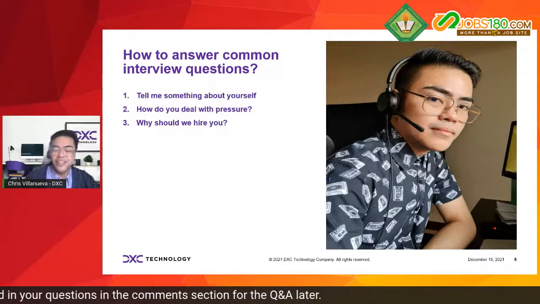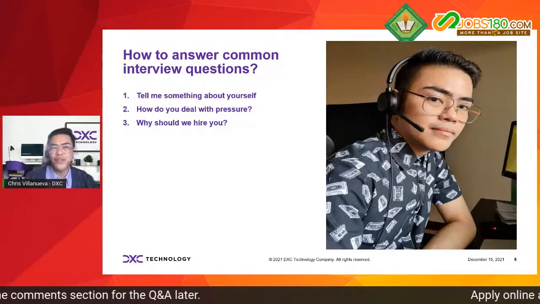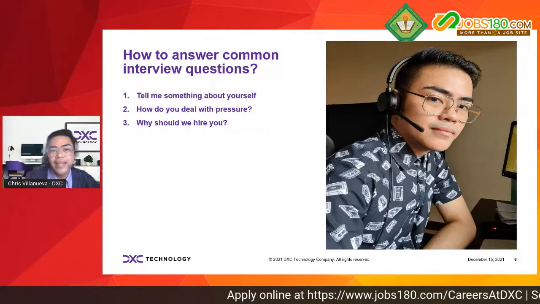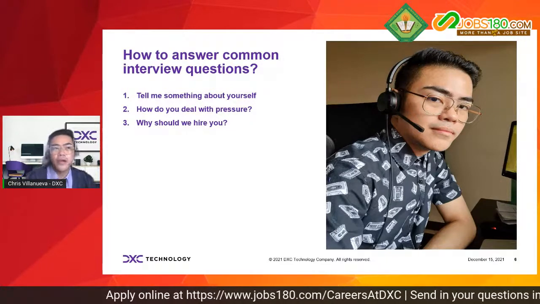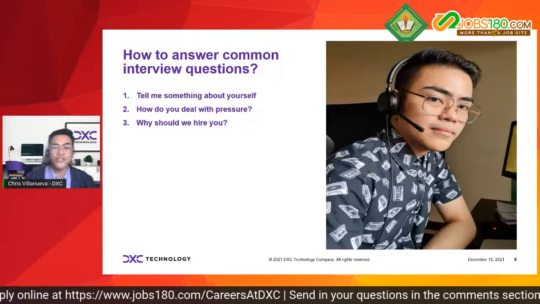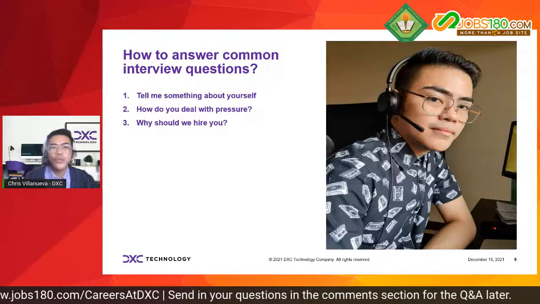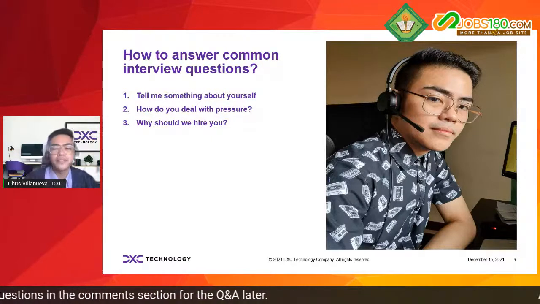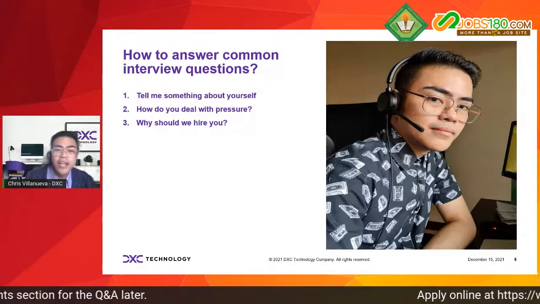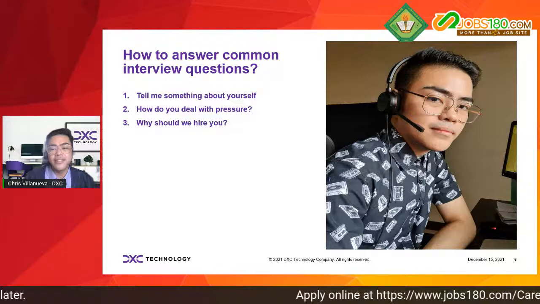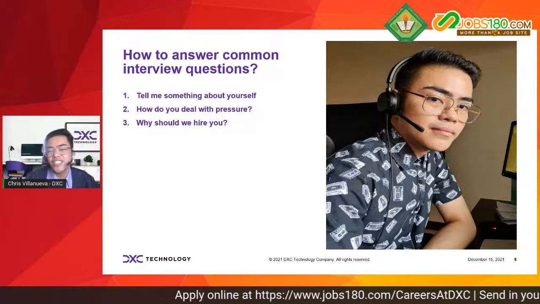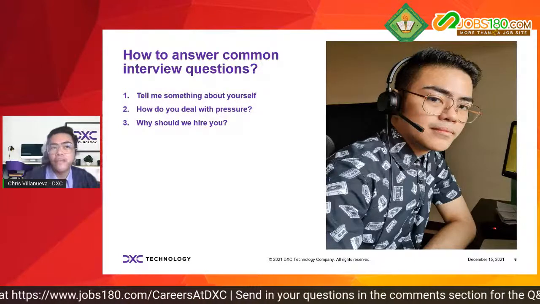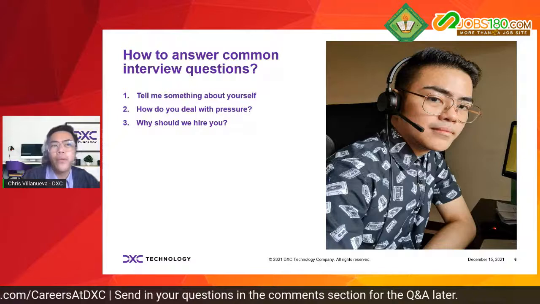But use this question to leverage more on the opportunity to sell your positive traits. If you're punctual, if you're detail oriented, goal driven, determined, passionate, and so on and so forth, use this question to at least upsell those positive traits of yours. And if you have researched, you can emphasize as well the experience that you gained that is relevant to the role. For example, let's say I'm a fresh graduate and I'm applying for a developer role in an IT company.